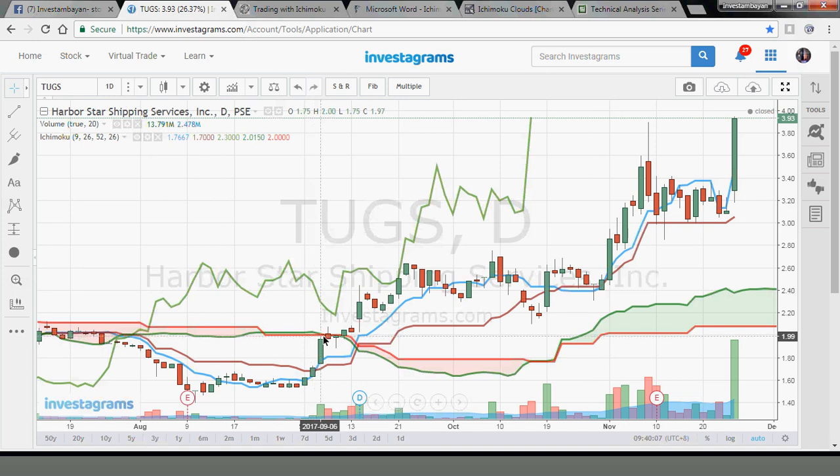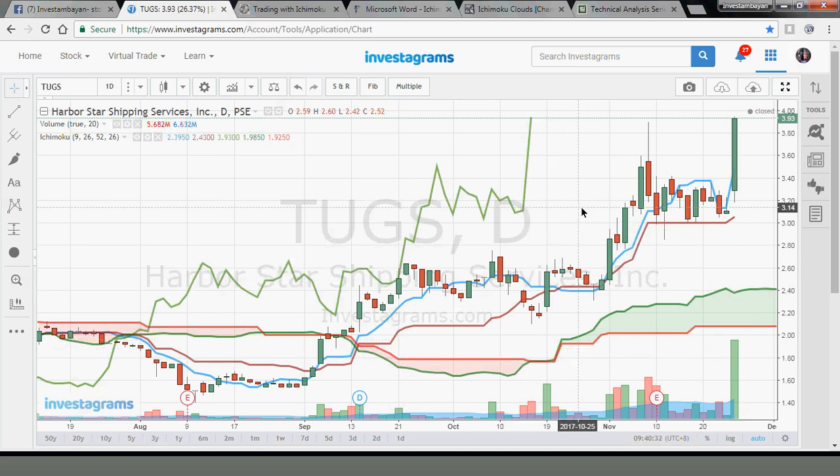Nakikita natin dito, may switch na nangyayari kay Kinko span A and B. As we can see here, mataas siya dito, di ba? Yung green, but it's trying to punch other. So nakikita natin dito, nagbe-bearish siya, nasa ilalim na si Kinko span. Hanggang dito na part, nag-switch na naman, saying that it's reversing na pataas.